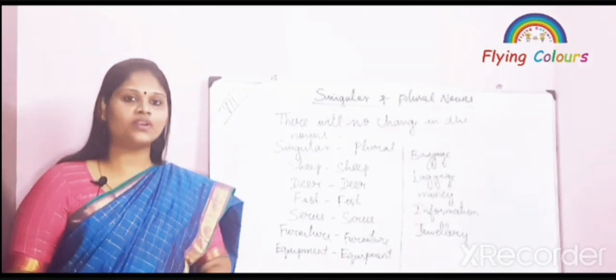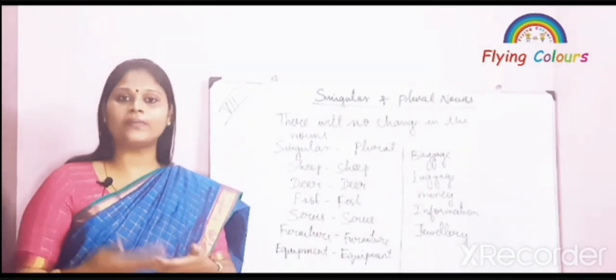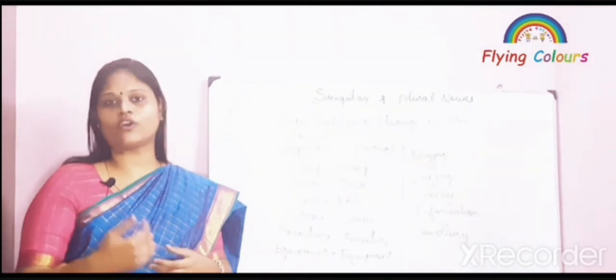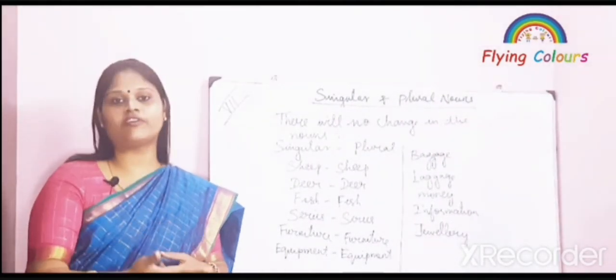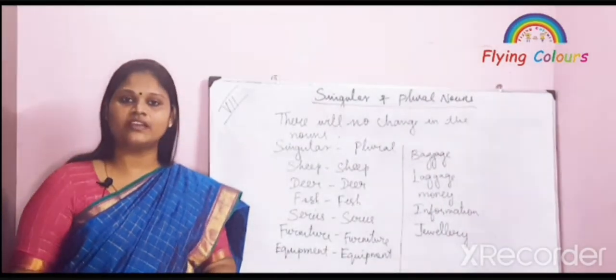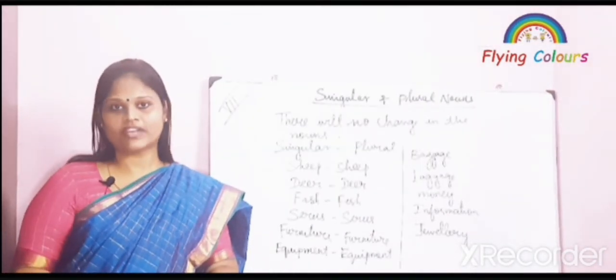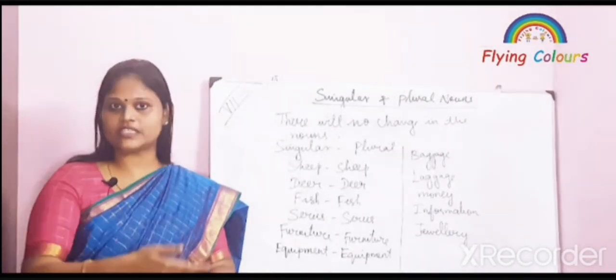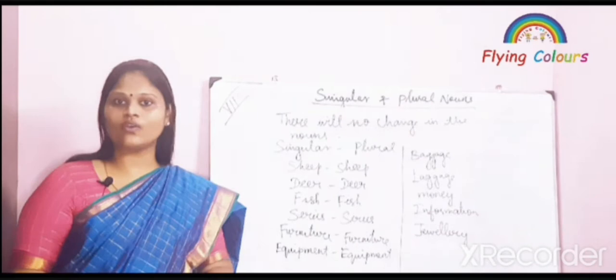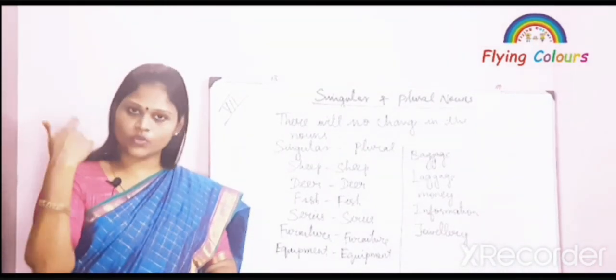Let us see some more examples. Equipment is another, for the singular noun equipment, plural is also equipment. Information, information. Kindly collect some information from the evidence. Evidence is also evidence only. Singular evidence, plural is also evidence.